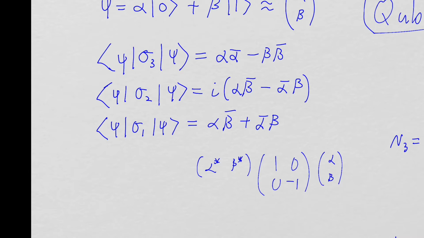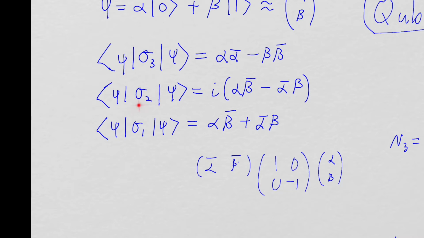And if you execute this multiplication, you should get this expression, this number. When I drew this up, I used a different form for the conjugate. So the conjugate's actually like that. And you end up with this expression, right?